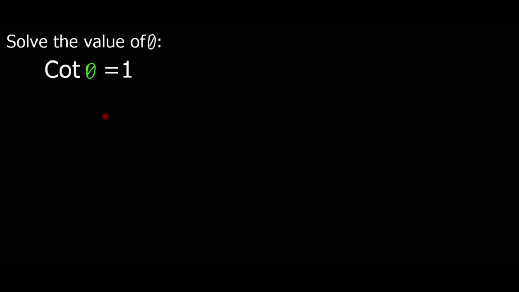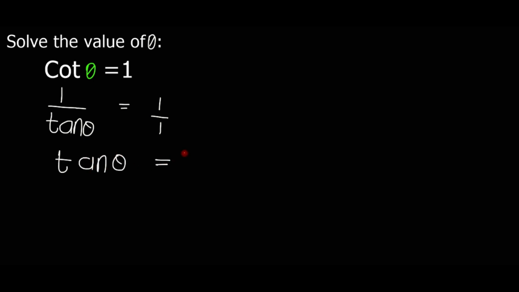And then more na le cot theta is equals to 1. Ra tseba cot e lekana le 1 over tan. This means re tlo ba le 1 over tan theta is equals to 1. And then re cross multiply or kgone eliminate a fraction. This means tan theta is equals to 1.